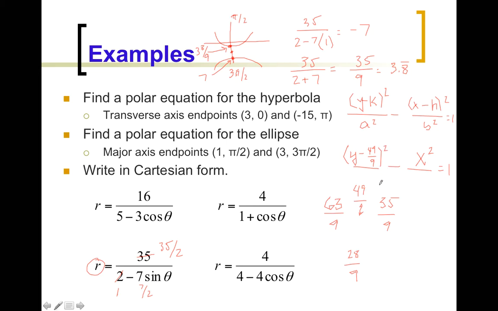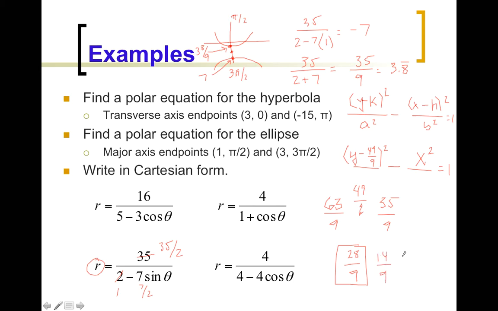Now I got to figure out A, B, and C. Well, oh man, these are getting ugly. A is the distance from center to vertex. Well, I just figured that out. Oops, sorry, not 28, but half of that, 14. 14 over 9.